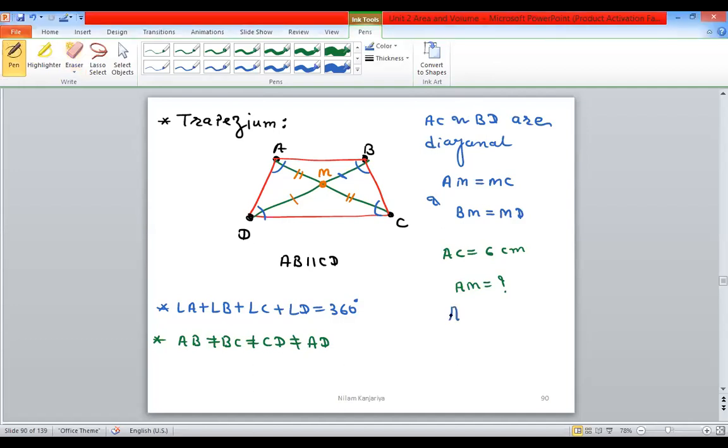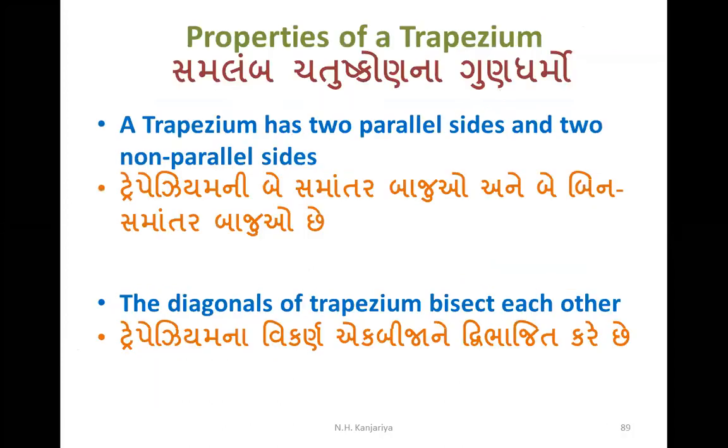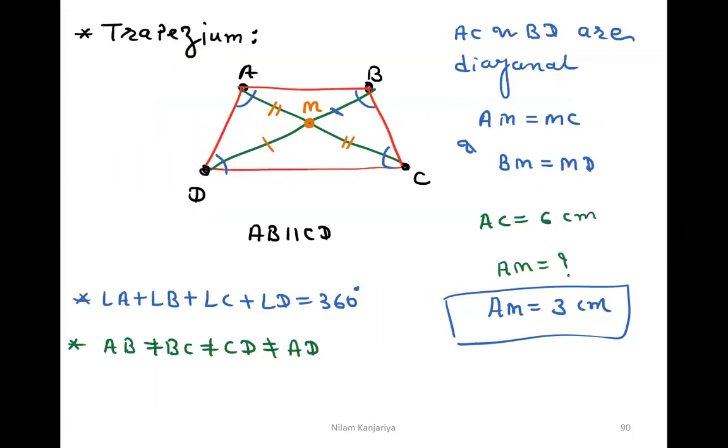Hence, AM is 3 centimeters. So this is the meaning of bisect. If asked the meaning of bisect, it means to cut it in half. So here the diagonals bisect each other. So here I have just recalled all the properties to you. Hope your trapezium is clear.